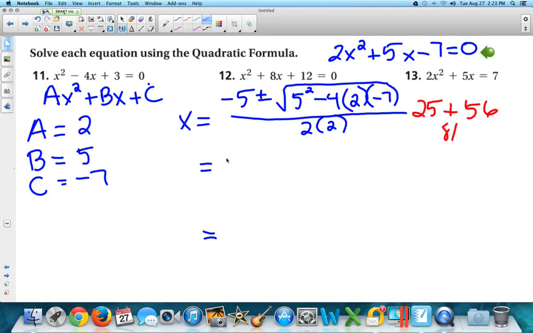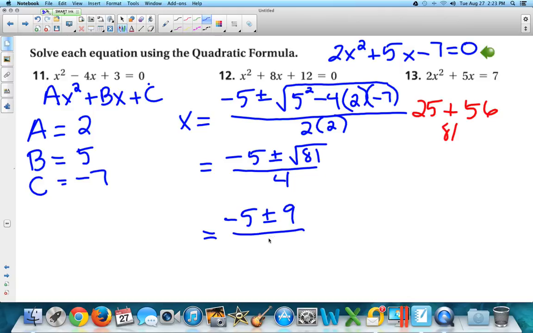So I have negative 5 plus or minus the square root of 81, all that over 4. So that's going to get me negative 5 plus or minus 9, all that over 4. Split it up into its two cases.